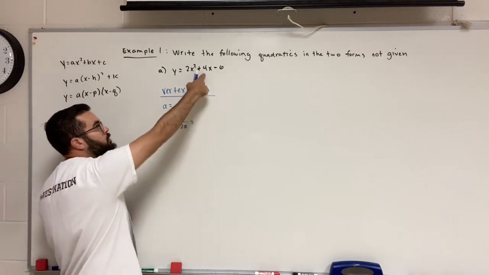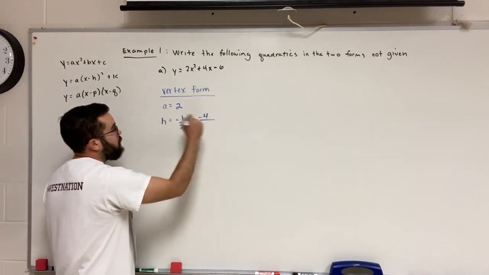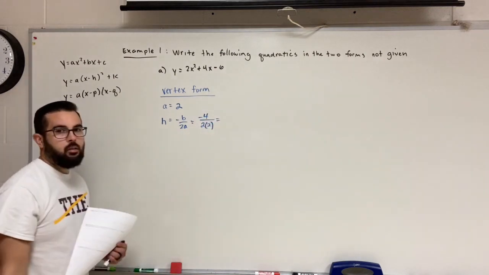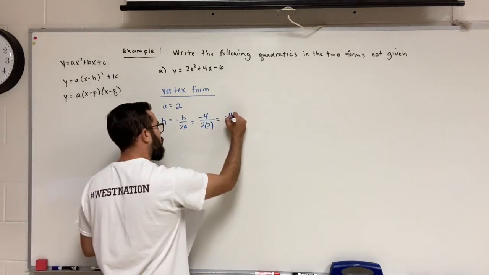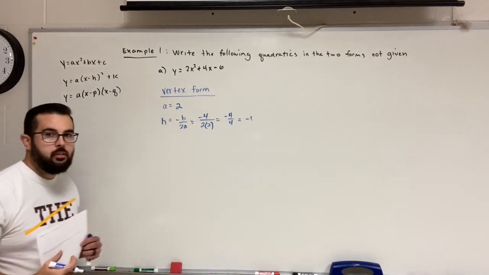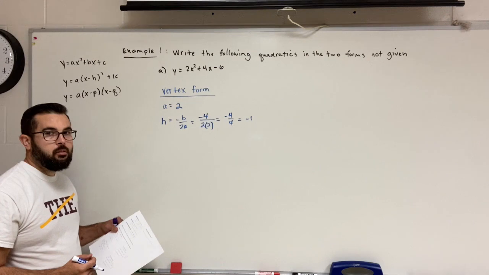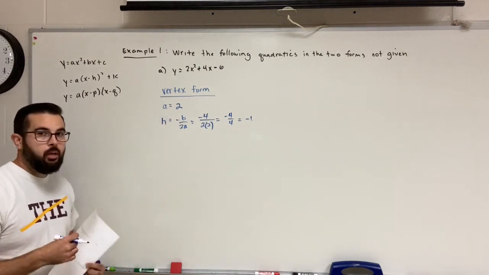Well, b is 4, so we'll have minus 4 over 2 times 2. So that's negative 4 over 4, which is minus 1. So the x value of the vertex is negative 1, or in other words, h is negative 1.